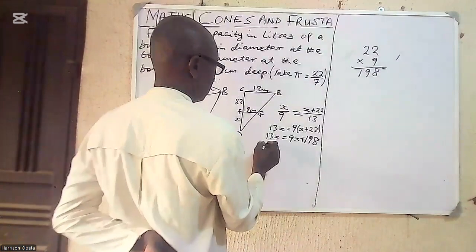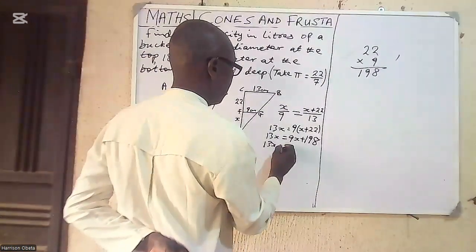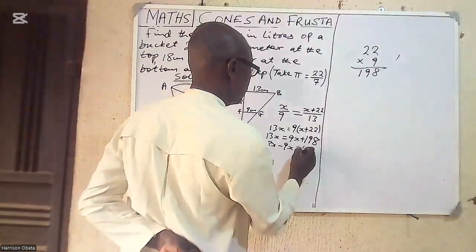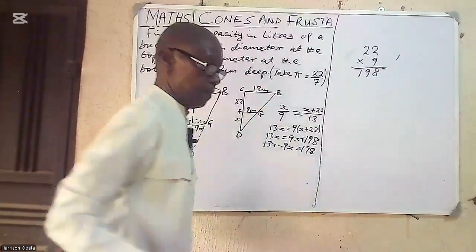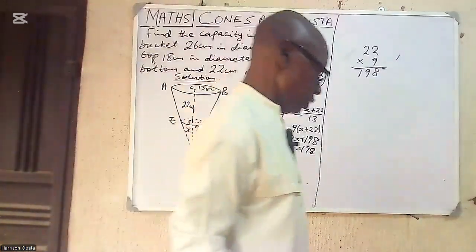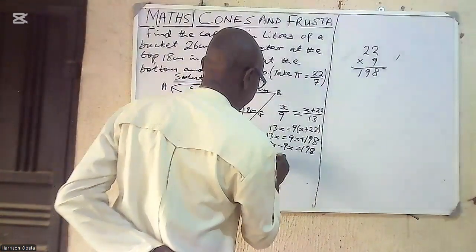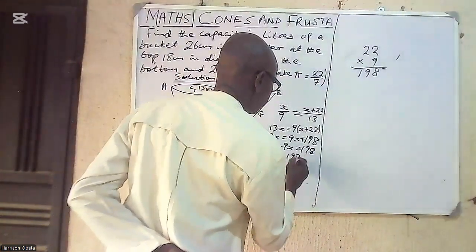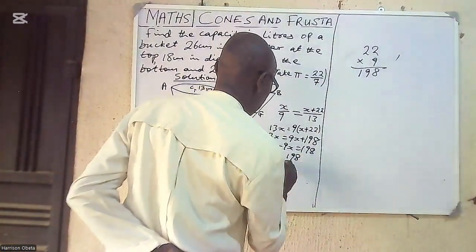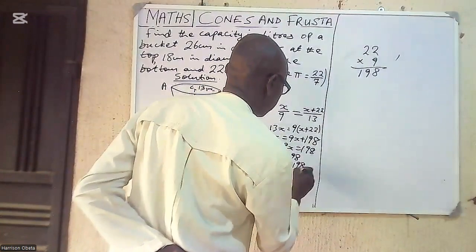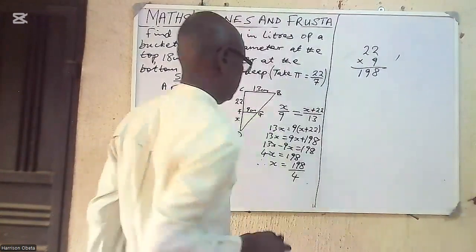Collect like terms, and that means 13x minus 9x equals 198. So that will give us 4x equals 198. Therefore, x equals 198 all over 4.